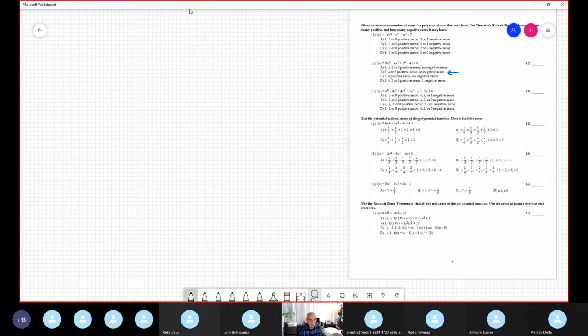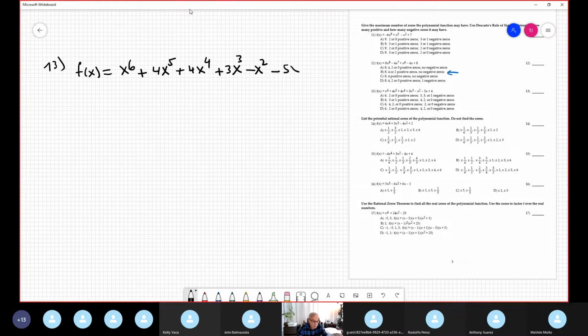Okay, 13 says one polynomial is given again. Okay, it's too long. Wow. f of x is equal to x to the 6th power plus 4x to the 5th power plus 4 again x to the 4th power plus 3x to the 3rd power minus x squared minus 5x plus 2.